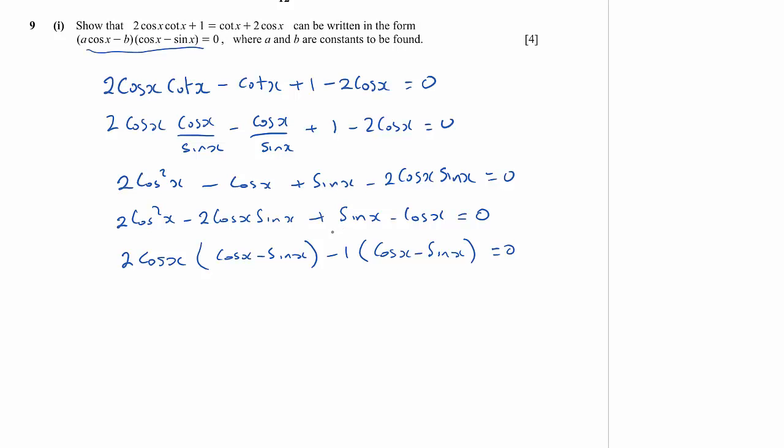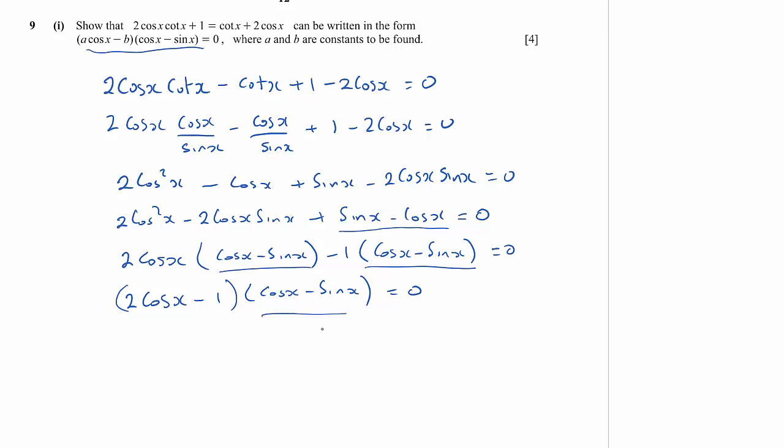Think about re-expanding that, and you'll get these two terms. And so 2 cos x take away 1, times cos x minus sin x, equals 0, because we could take out the common cos x minus sin x. Comparing with the above, a is equal to 2 and b is equal to 1.